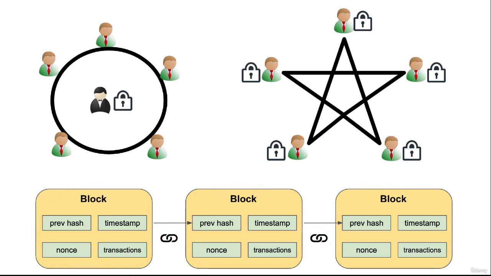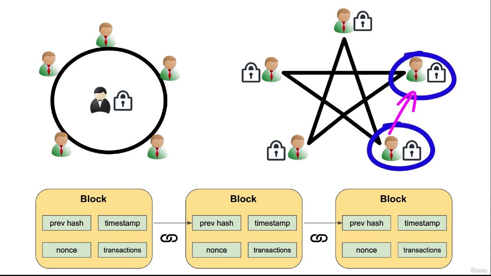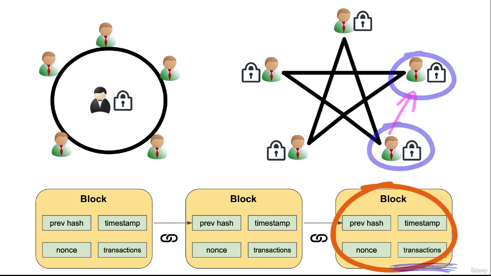For example, let's say we have person A, and this person wants to send cryptocurrency to person B. In this case, a new transaction is generated and a new block is created. When a block is created, it's created only after the other user confirms the validity of the transaction.